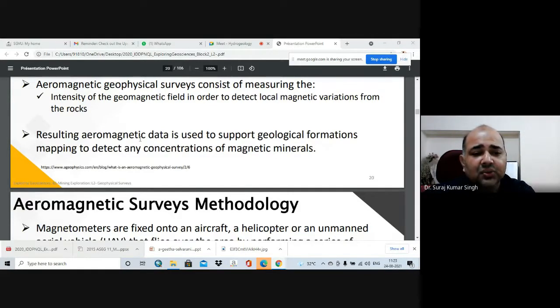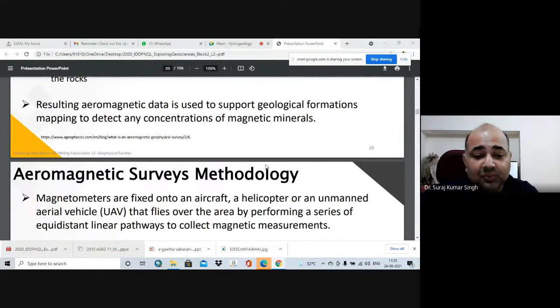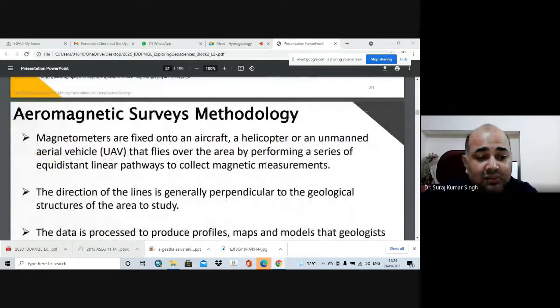So the resulting aeromagnetic data will help us support the geological formation mapping to detect any concentration of magnetic material. So we'll be using those magnetic properties to identify the different earth materials, because each and every material has a different chemical property, a different electrical property, a different magnetic property.